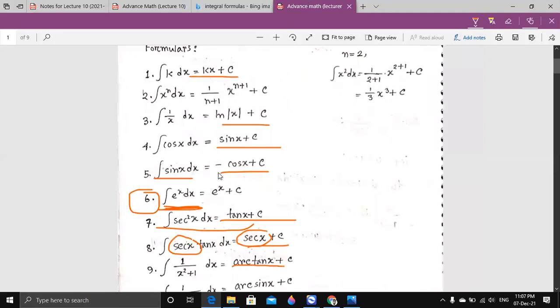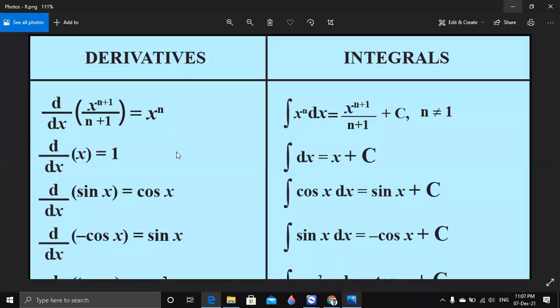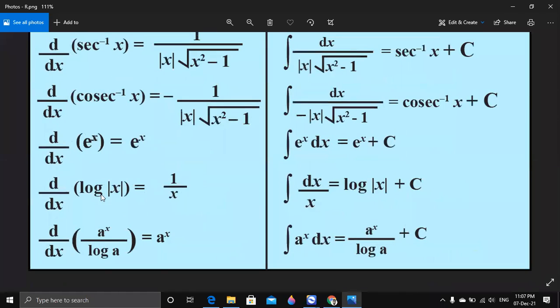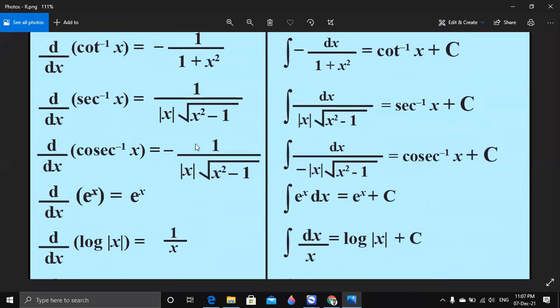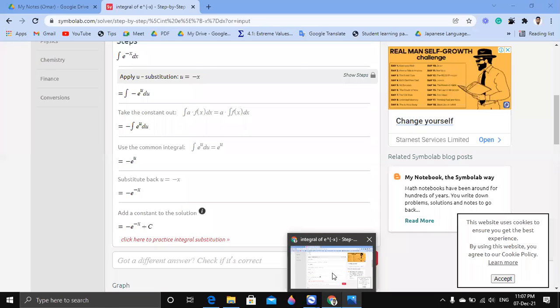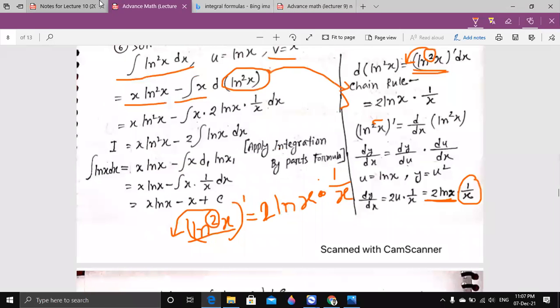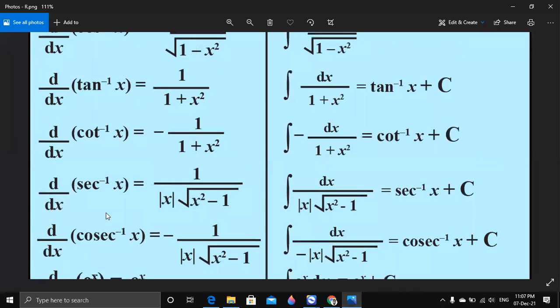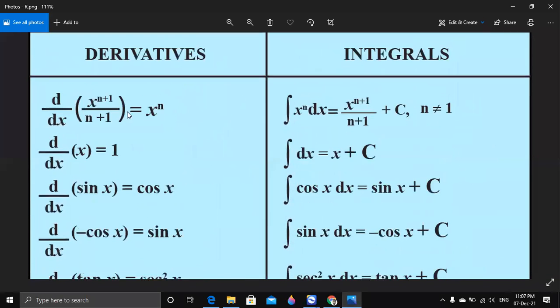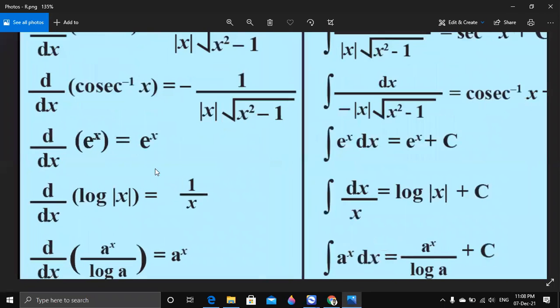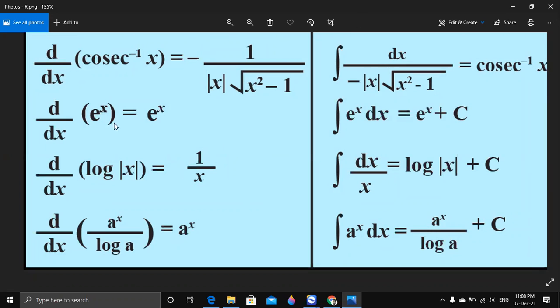You see here, ddx of log x equals 1 by x.